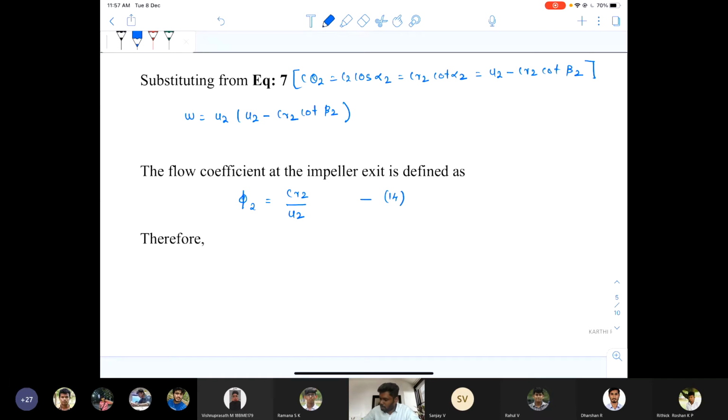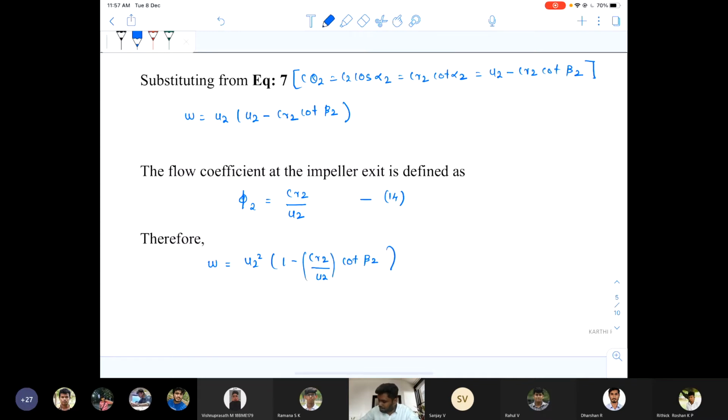Therefore, the value of W, if you take U2 common, will be U2 square into 1 minus CR2 divided by U2 cot beta 2.